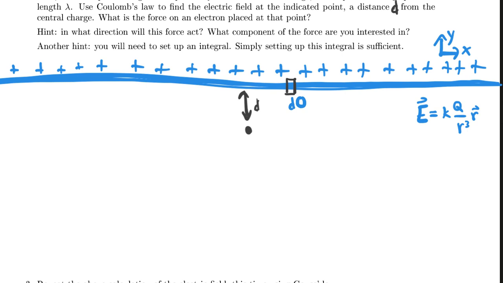We usually call it dq. So instead of a charge q, let's just say dq. The d is just saying it's small. That's the only thing that matters. And then the vector from that little dq down to the point that we're considering is our r vector.